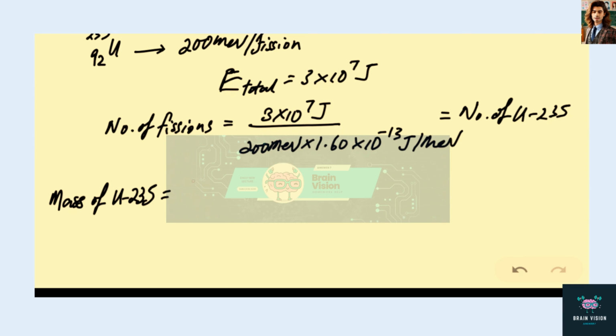We just take the number of uranium-235, divide that by Avogadro's constant. This will give us the number of moles, and then we multiply that by the molar mass, which is 235 kilograms per mole.